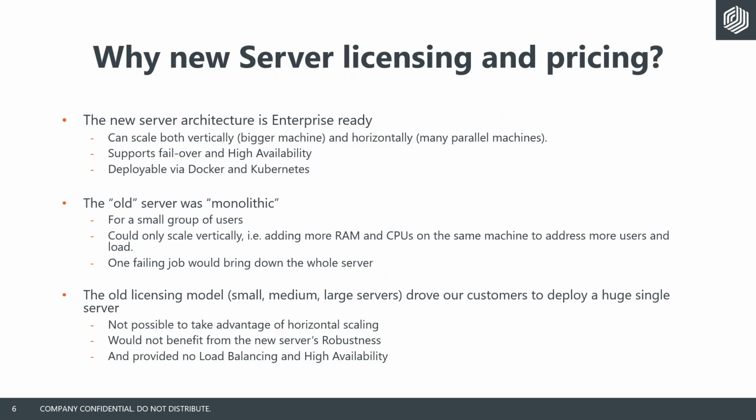The old server was more of a monolith, or a single server. It could scale vertically, but you couldn't really run multiple of them side by side. But with the new architecture, that's been addressed. So the new packaging will take more advantage of the fact that we can scale across multiple machines.